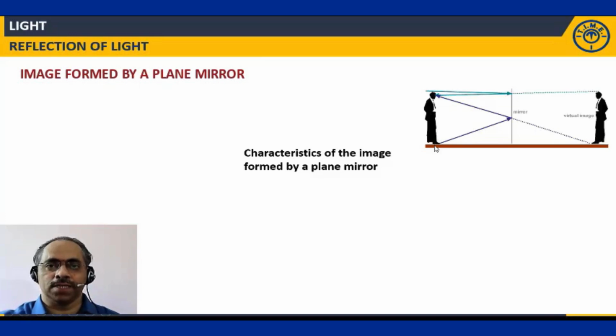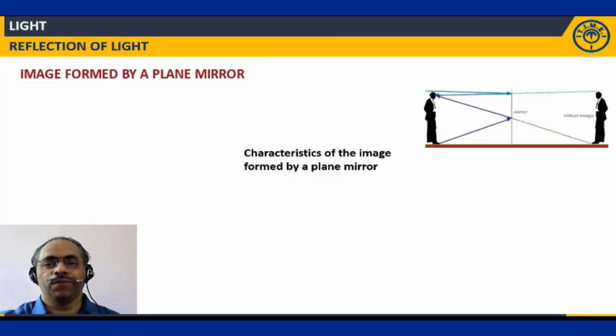From the foot of the person, one light ray comes over here and gets reflected on the mirror to reach his eyes. In the same way, from the top portion, that is the head of the person, one light ray is incident on the mirror, gets reflected over here and reaches the eyes of the person.